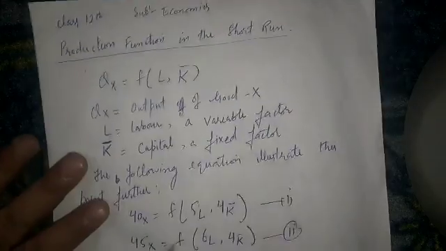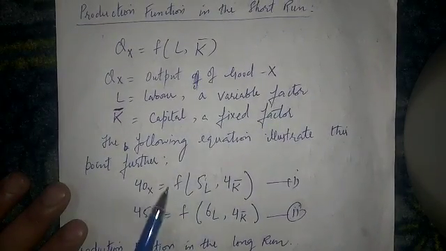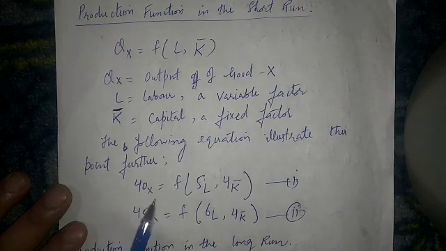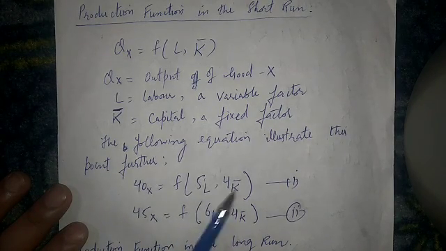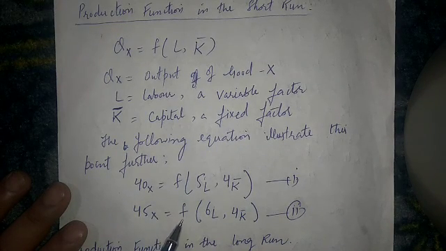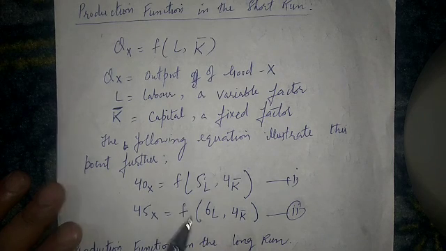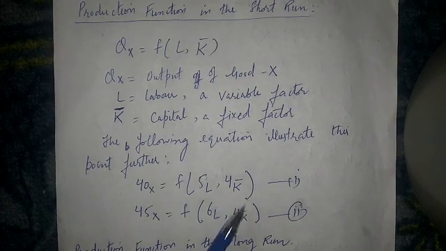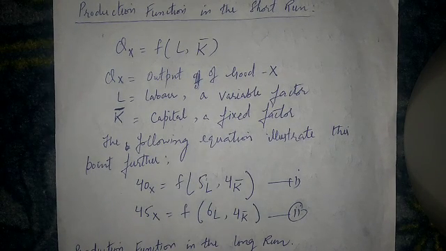So the following equations illustrate the point further. See, 40x is the function of 5L and 4K in equation first, and 45x is the function of 6L and 4K in equation second. If you see these two equations, we find that K is constant at 4 units.